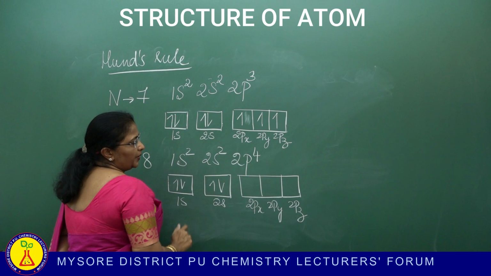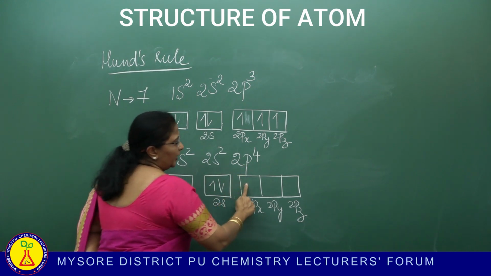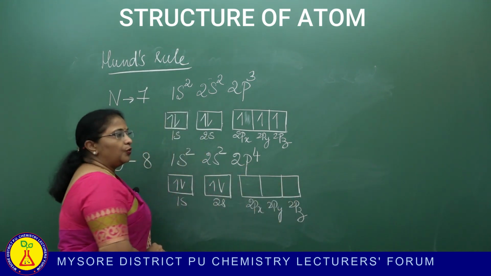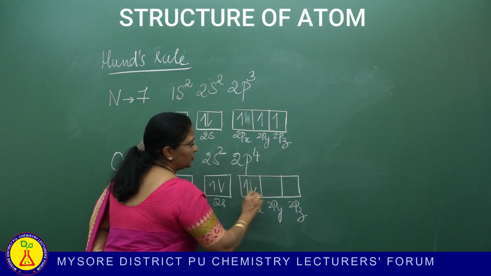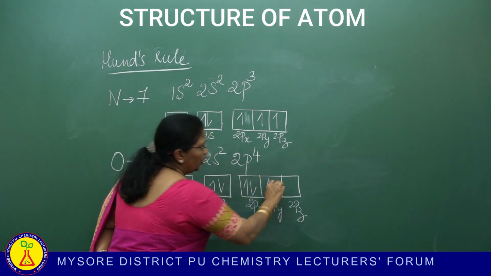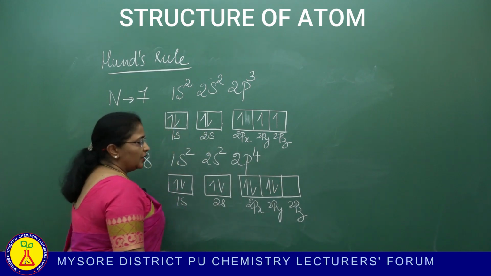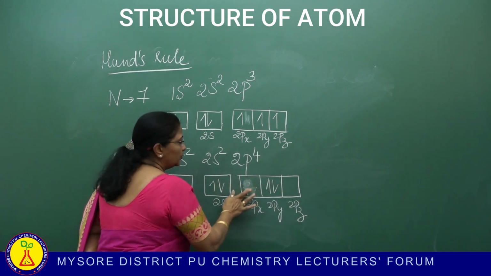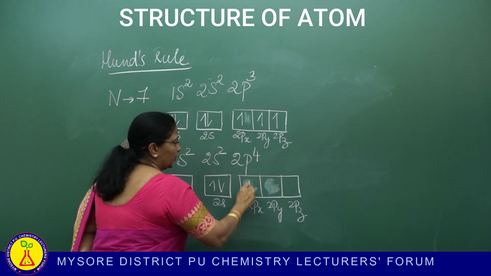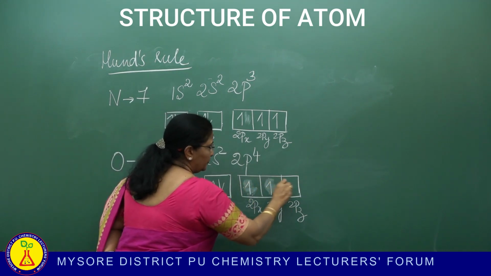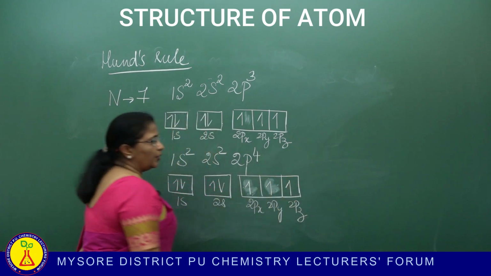Now in the p subshell, I have to accommodate 4 electrons. I cannot put 2 electrons here and then 2 electrons here. How should they be filled? I first have to put 1 electron in each of the orbitals.